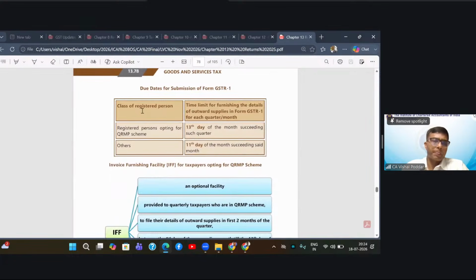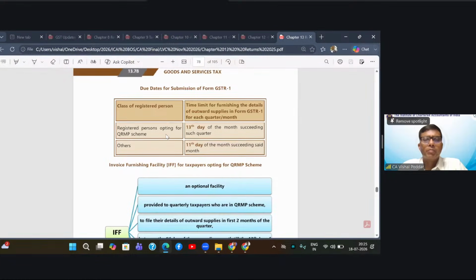Now, what is the due date? Where a person is covered under the QRMP scheme, which we are going to see later, you have to file your returns quarterly. That is why it is QRMP. Tax payment is done monthly, but returns have to be filed quarterly.